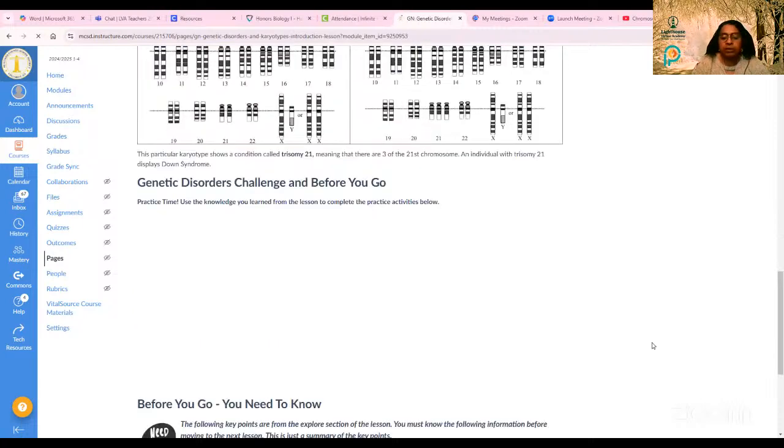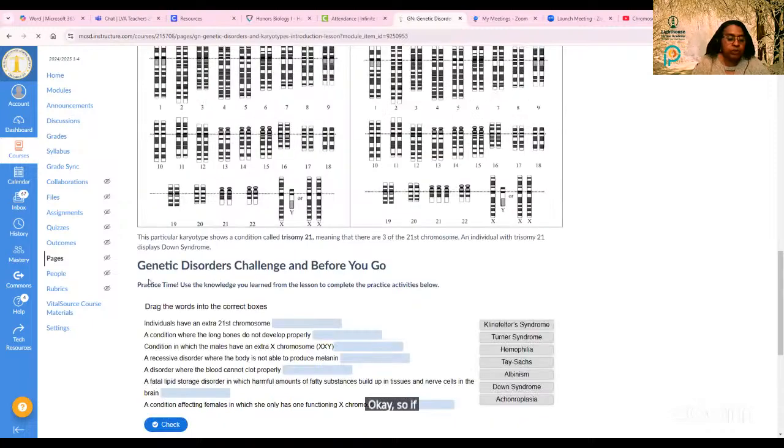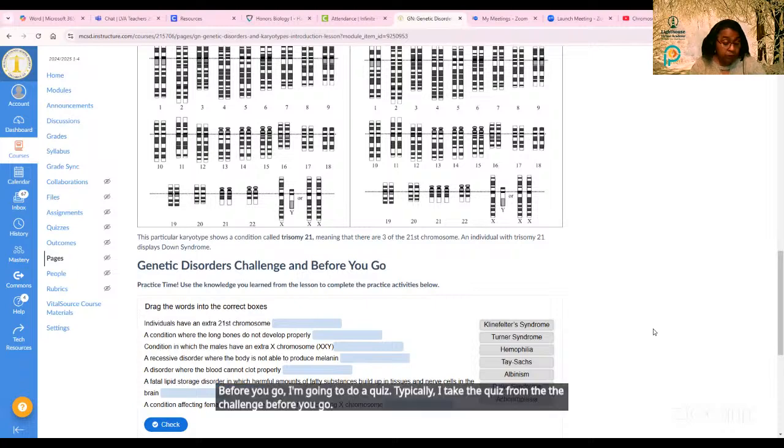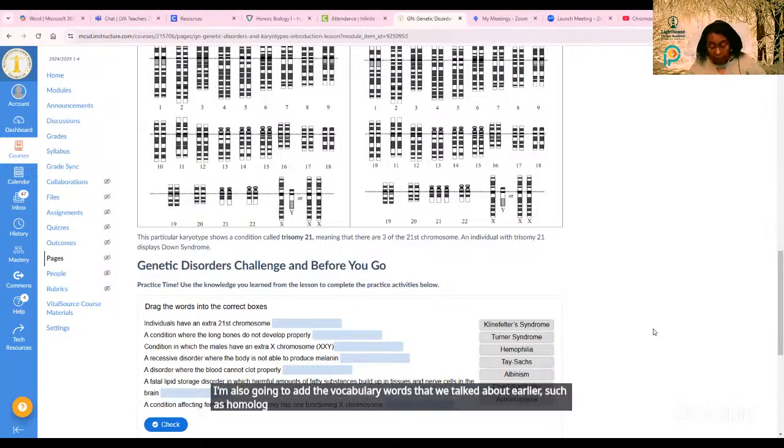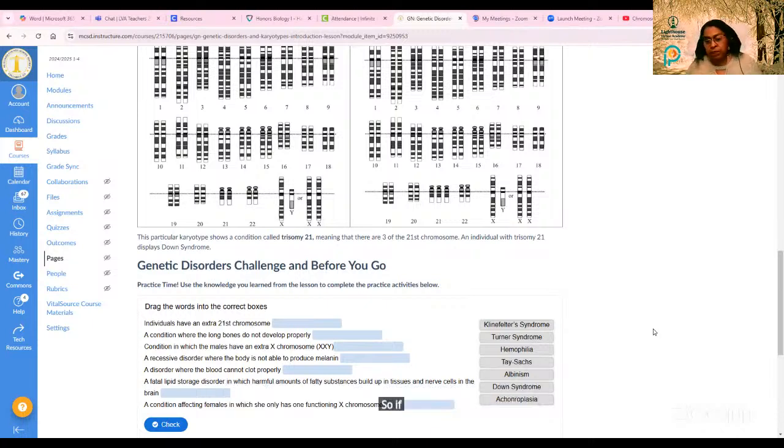Okay, so if you finish with that, make sure that you do the challenge before you go. I'm going to do a quiz, and typically I take the quiz from the challenge before you go. I'm also going to add the vocabulary words that we talked about earlier, such as homologous, autosomes, haploid, diploid, those kinds of things. So if you finish early, please use the time to review vocabulary.